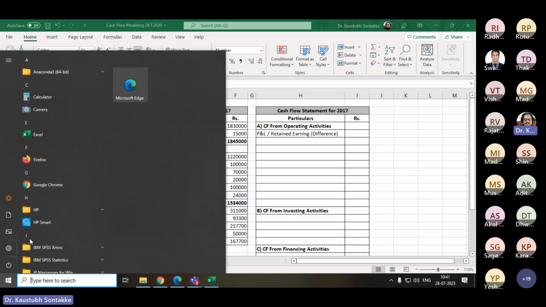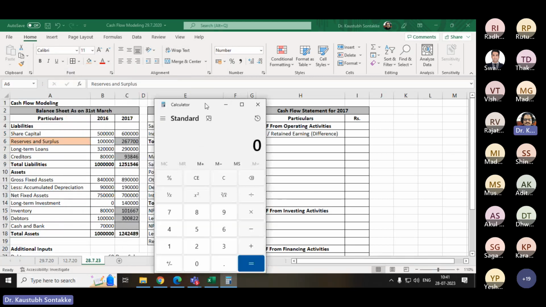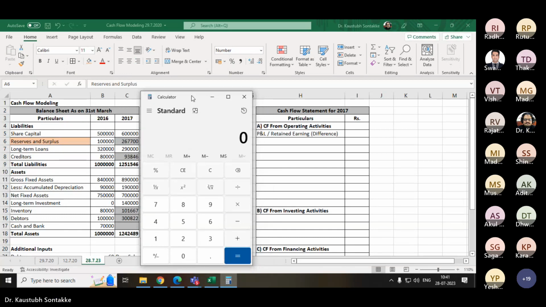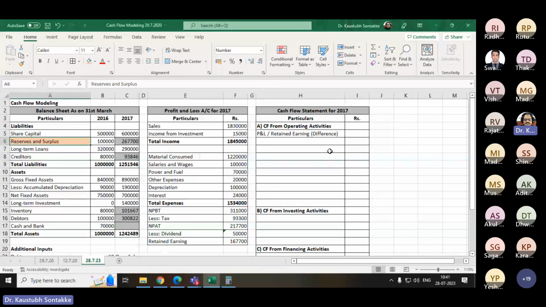While you are in the liability, can you see the calculator on the screen now? Yes, sir. So you will calculate second year minus first year. Let's connect it here.